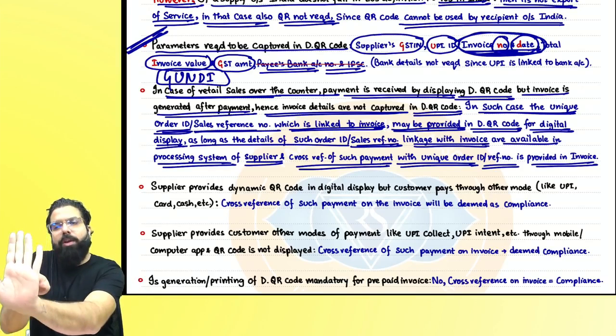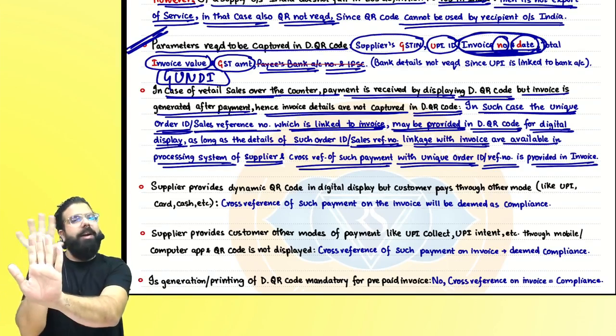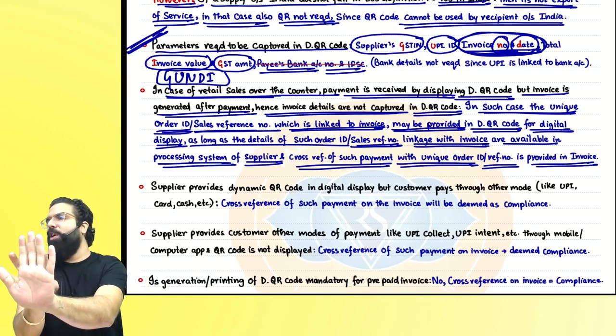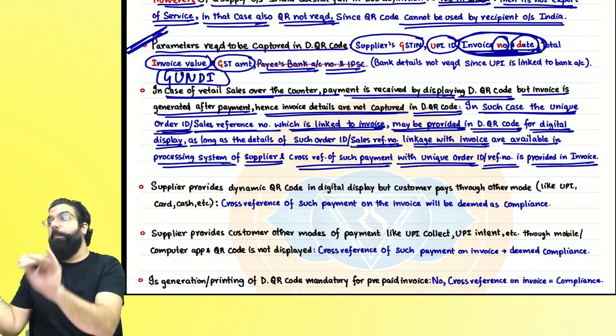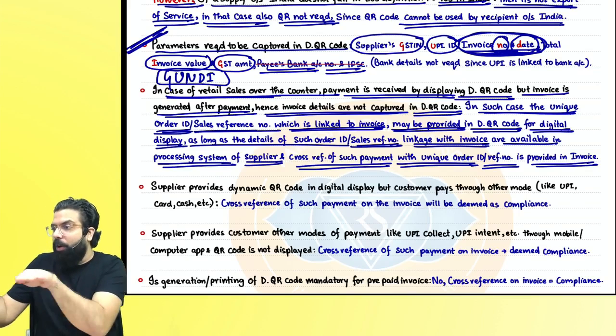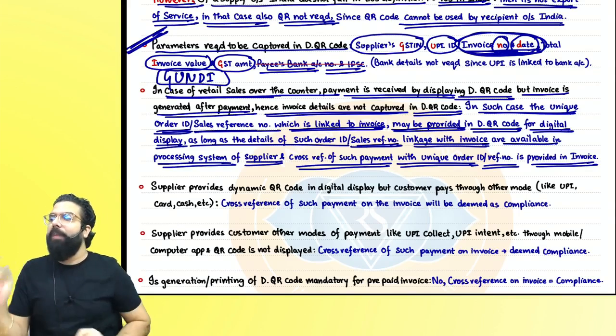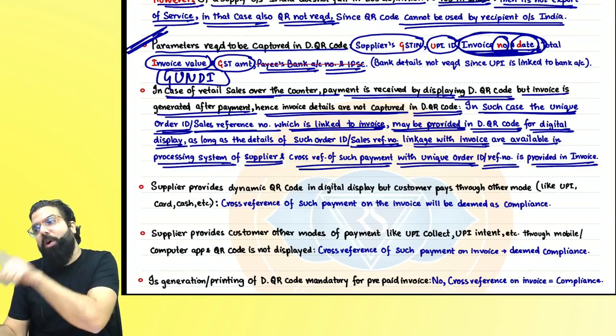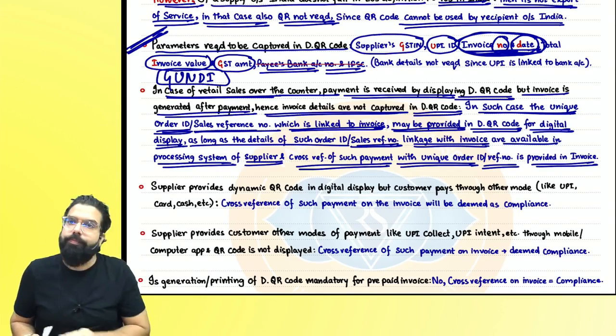So sir, in the QR code, invoice details are required. But instead of that, you can give the order ID or sales reference number. In your system, please store a link between the order ID and invoice number. And sir, in the invoice, provide the order ID details also.